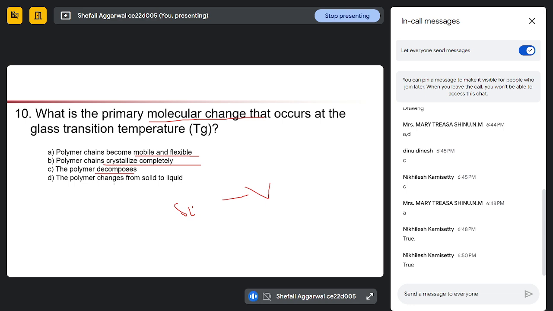Polymer decomposes. A polymer changes from solid to liquid. So at molecular level, what is happening is your chains are becoming more mobile and flexible. Because of that, your material will become much softer. Okay.